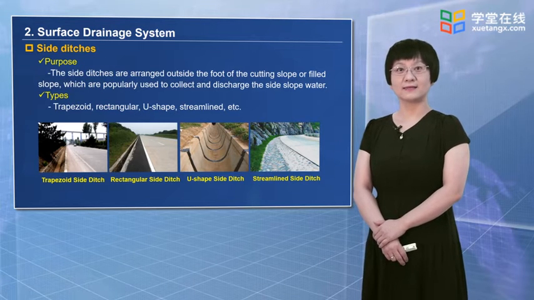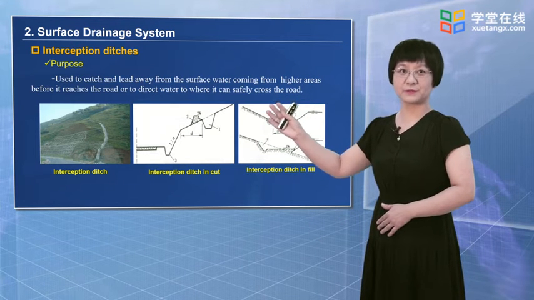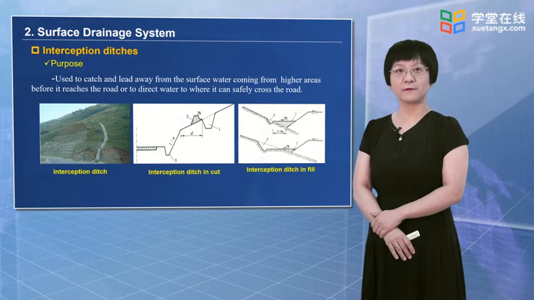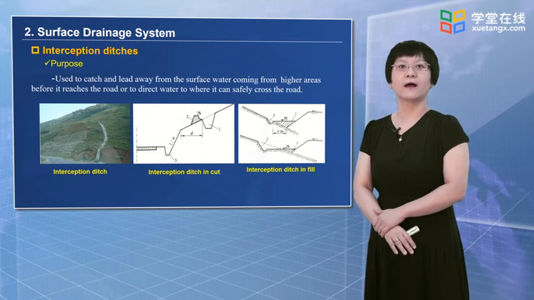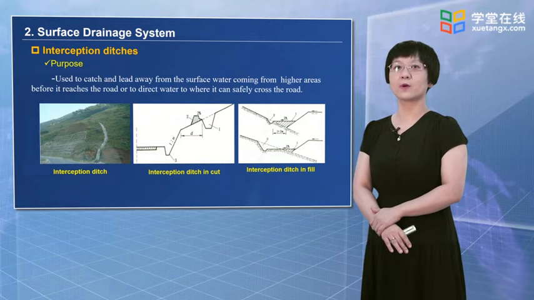Second, interception ditches. Interception ditches are used to catch and lead away the surface water coming from a higher area before it reaches the road, or to direct water to where it can safely cross the road.